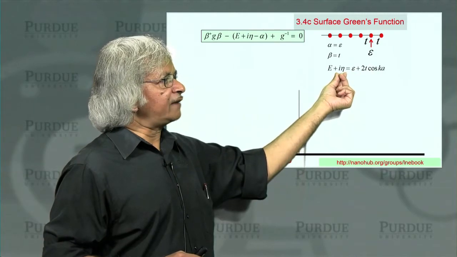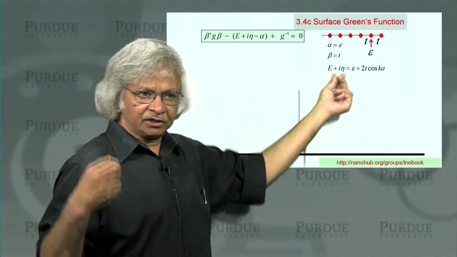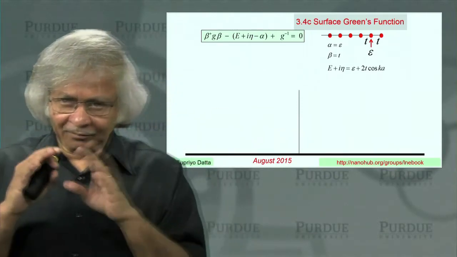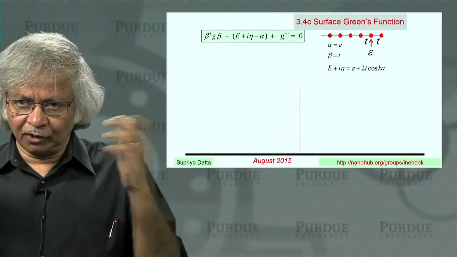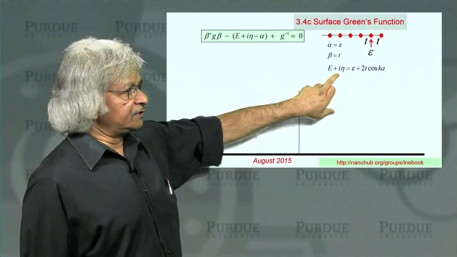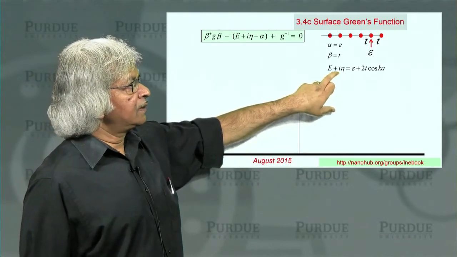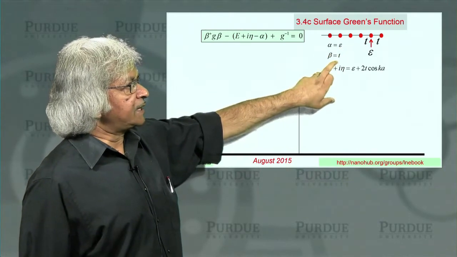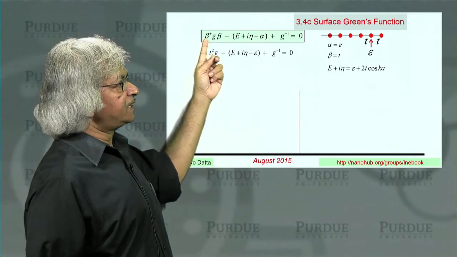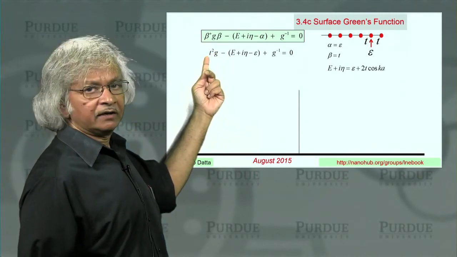And to this we have added the small imaginary term that I had mentioned before, the one that you add to describe the physical fact that electrons flow away from that contact. So you'll have this relation. Now, if you substitute alpha equals epsilon and beta equals t in here, you'll get, you see, beta dagger beta, that's just t squared.